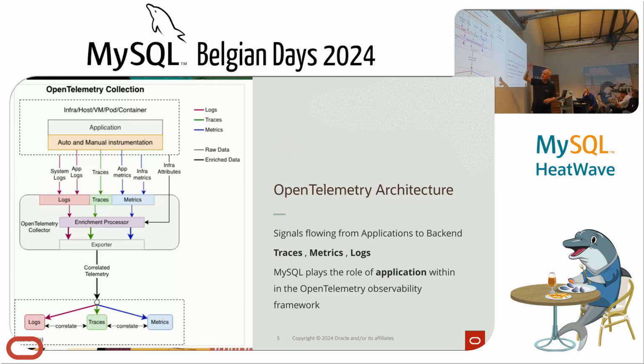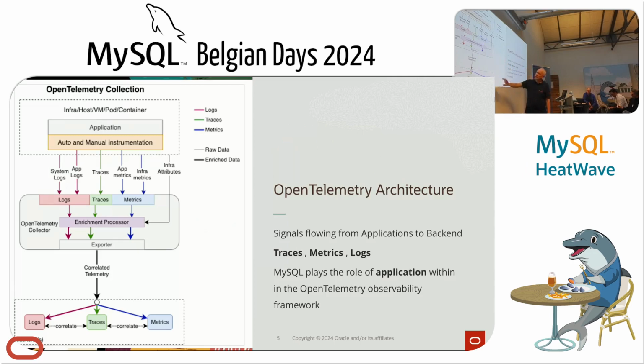So this is roughly the architecture of OpenTelemetry. MySQL will in this case be on the top as an application. Then there can be a collector, which is optional, or you can send directly to the backend. Both things are supported. The collector can do certain enrichment. It can, for example, send to several places. There is some functionality in this middleware layer.